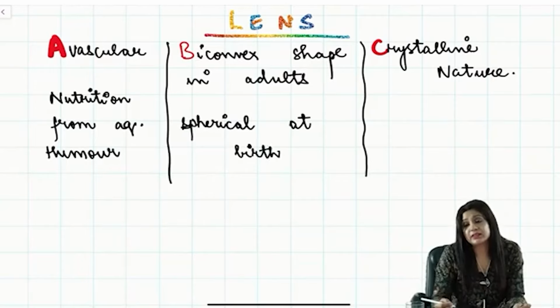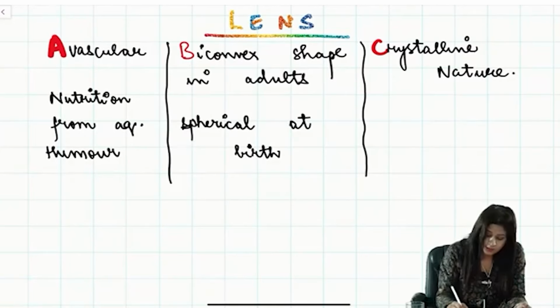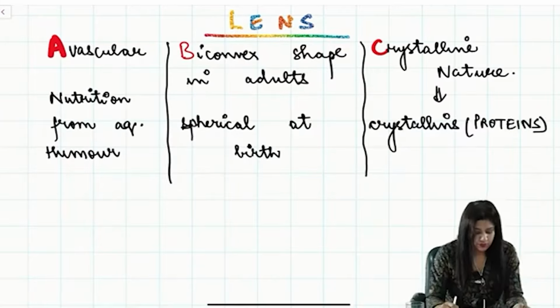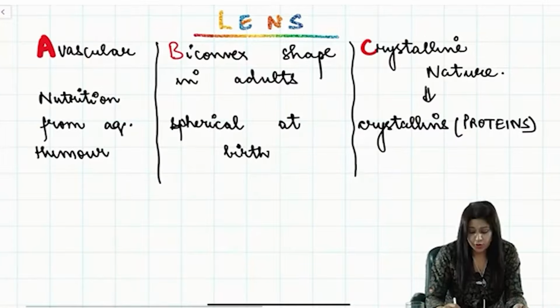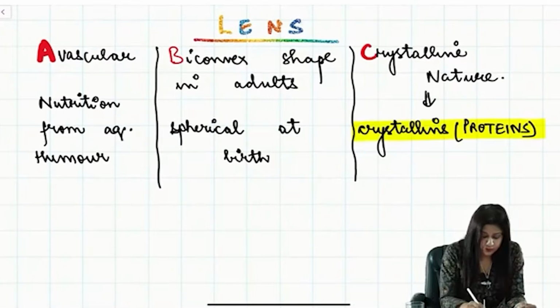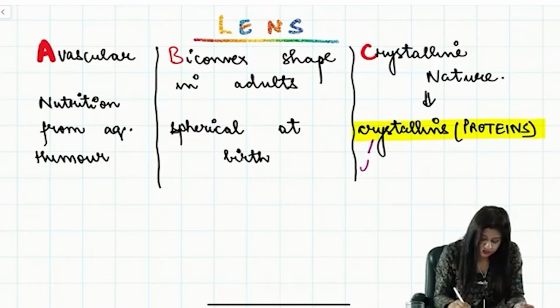And it is crystalline in nature because it is made up of crystallins. Crystallins are the proteins. For example, alpha crystallins, beta as well as the gamma.